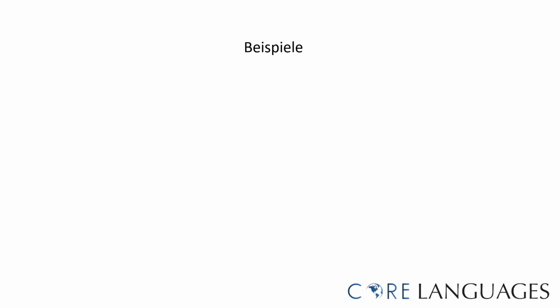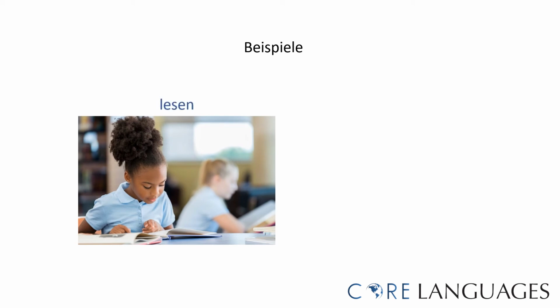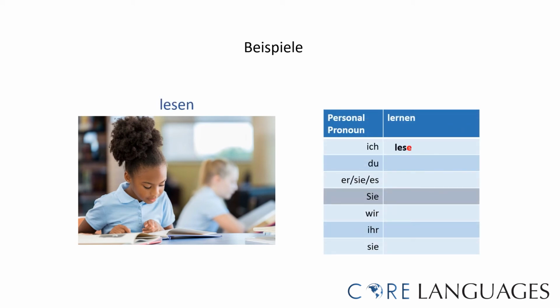Here are a few more Beispiele or examples of verbs that conjugate irregularly in the present tense. The verb lesen, to read. Ich lese, du liest. Sie, es liest.